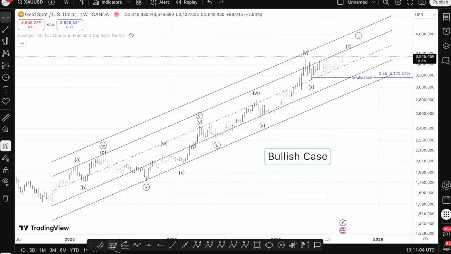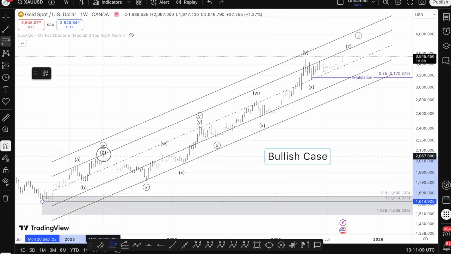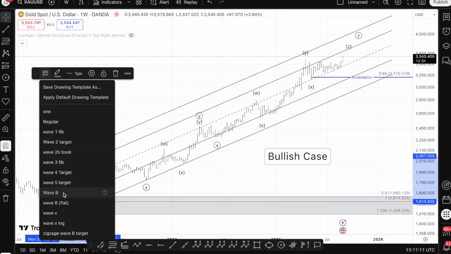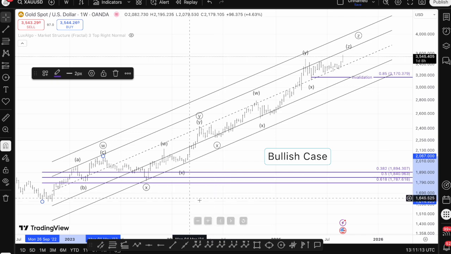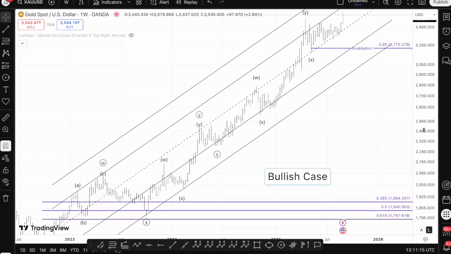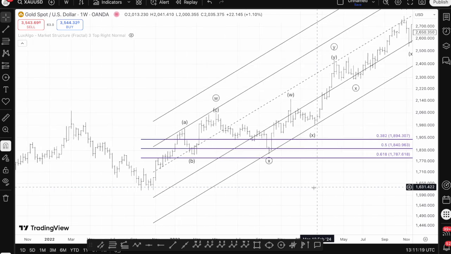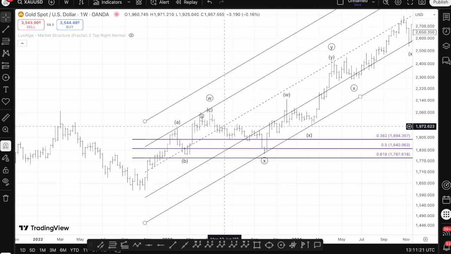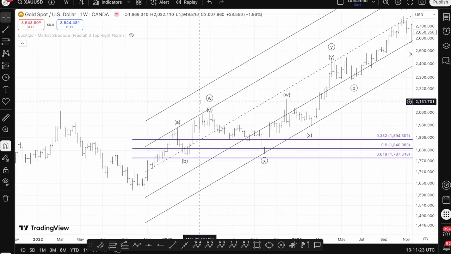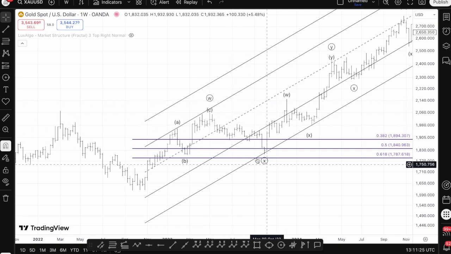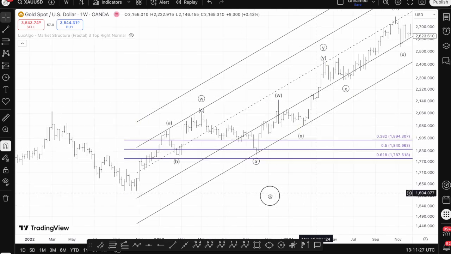And let's talk about the corrections here. In terms of the depth of correction for the first leg, we could be looking at a bit more than 50% of correction here, and the structure is obviously a WXY.